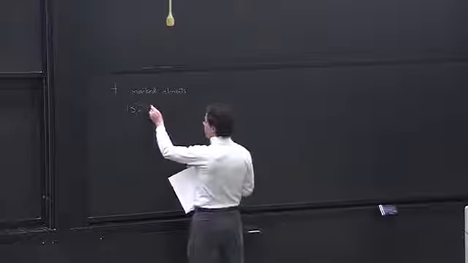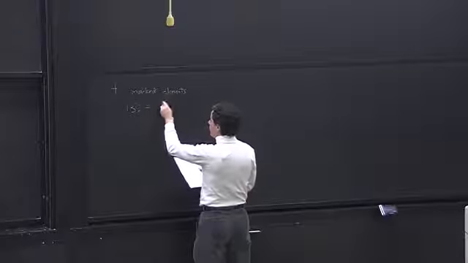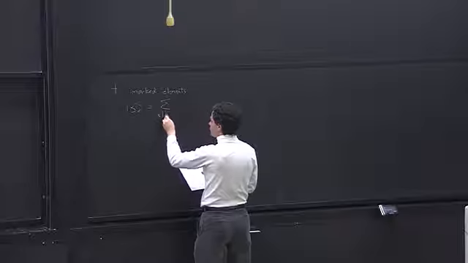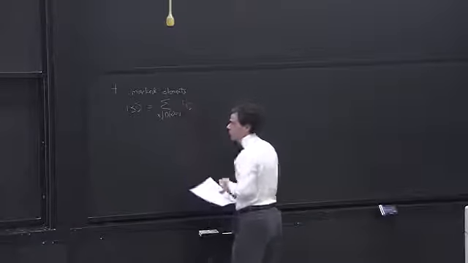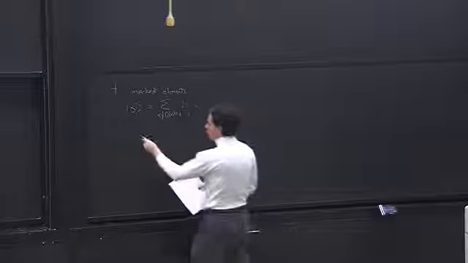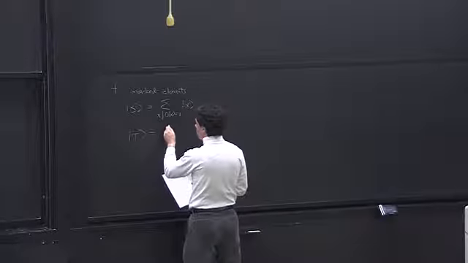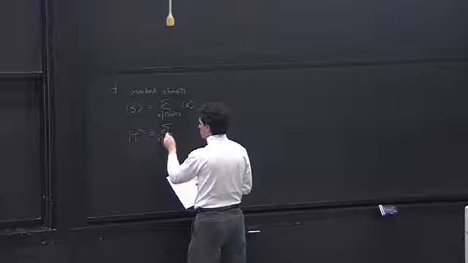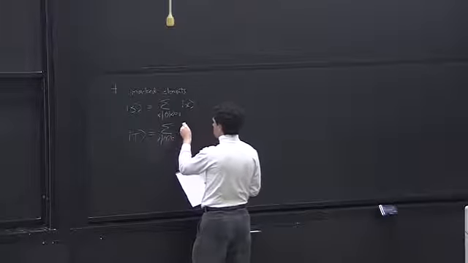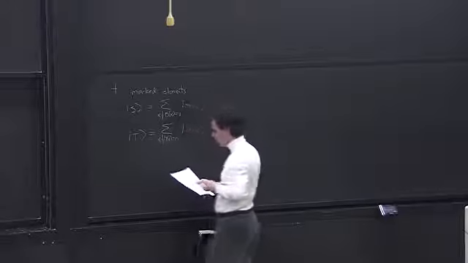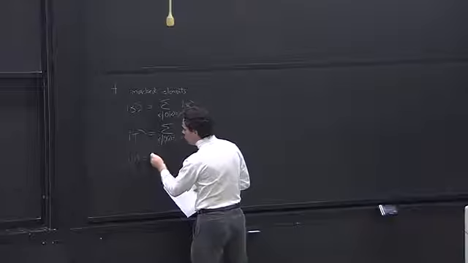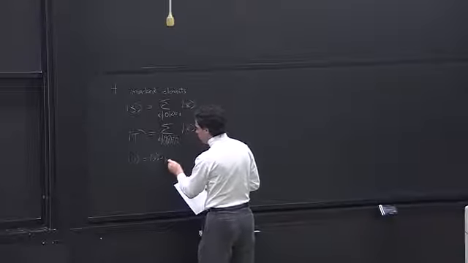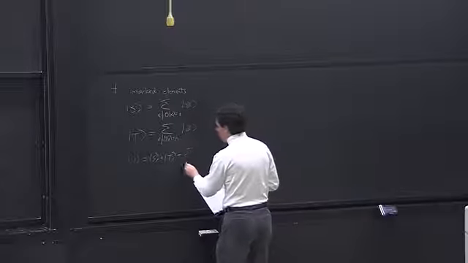So what we're going to do is let S be the sum over marked elements, and T is going to be the sum over the unmarked elements. Okay? And it's still the case that U, which is S plus T, is the sum over everything.